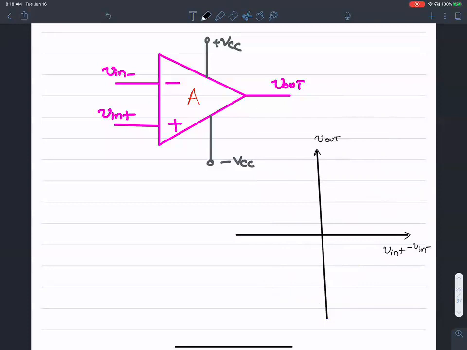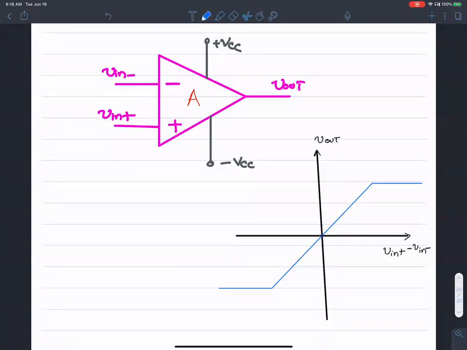What we saw was that the output is going to be a straight line, and the slope of that was A, and then it's going to saturate at the V positive and V negative terminals. So the slope of this line is the gain.